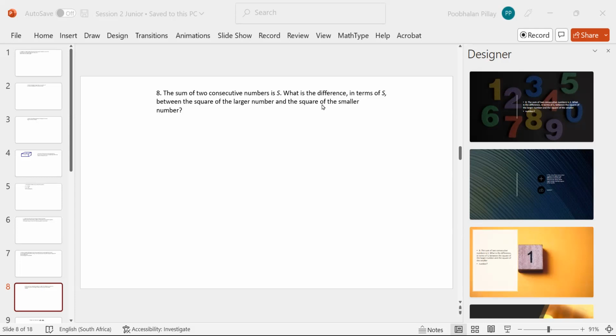All right, now we want to try this thing out. Let's see what happens in some examples. So we are going to look at some consecutive numbers.